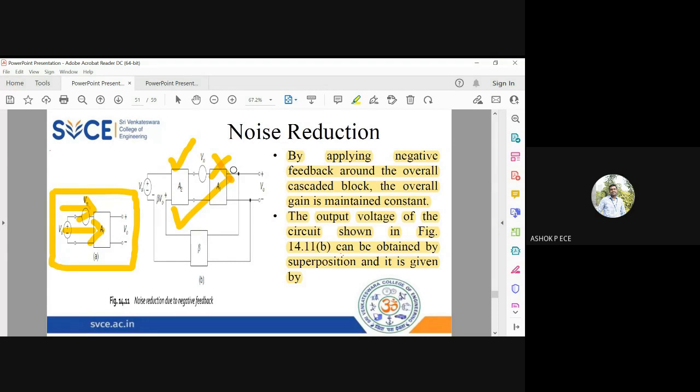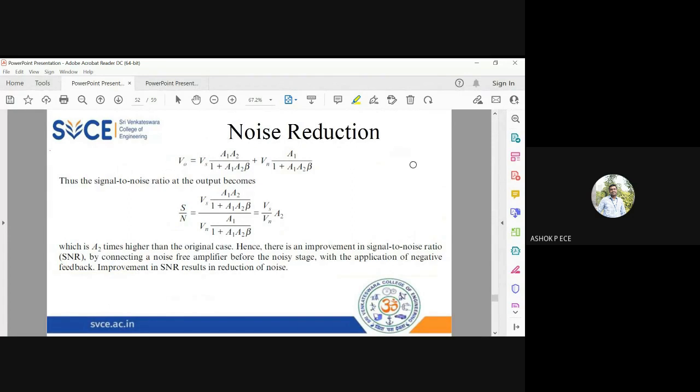It states that when you have multiple sources in a circuit, the output is the addition of the output of each source. So when I have Vs and Vn, first I will remove Vn and find the output only because of Vs. Then I will remove Vs and find the output only because of Vn. So V0 is going to be the output because of Vs plus the output because of Vn.